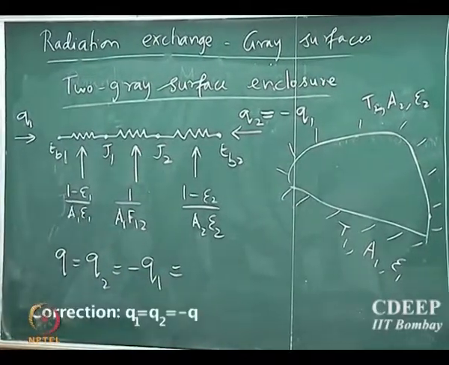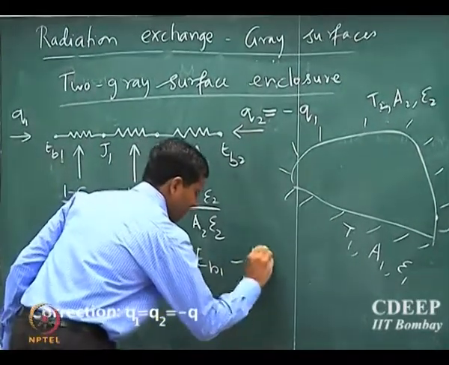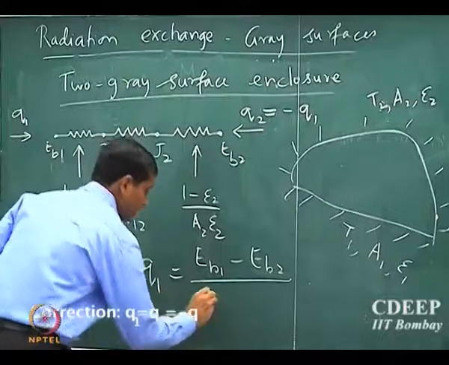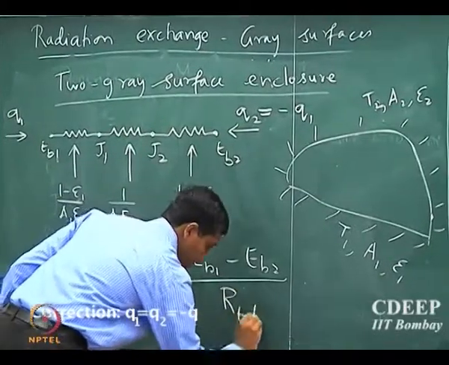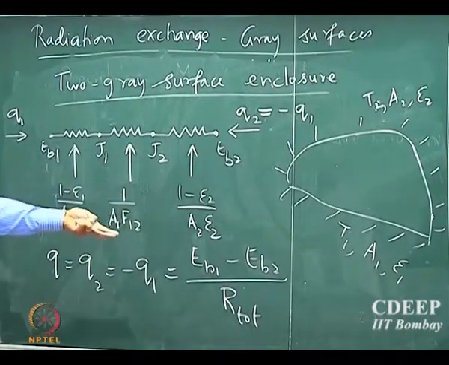So, based on resistance networks we can simply write it as EB1 minus EB2 divided by the total resistance. Okay. So, the resistances are in series. So, the total resistance is the sum of individual resistances.